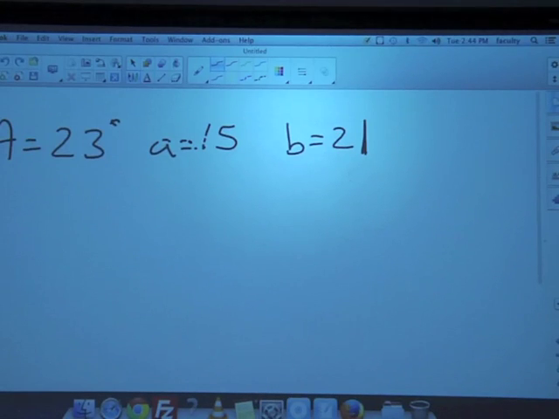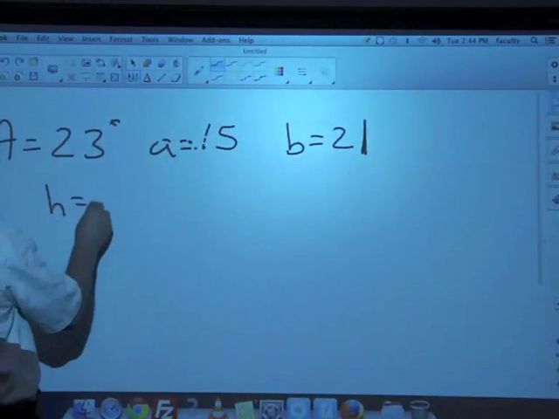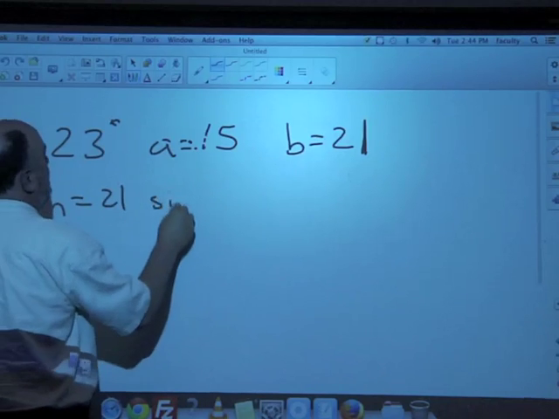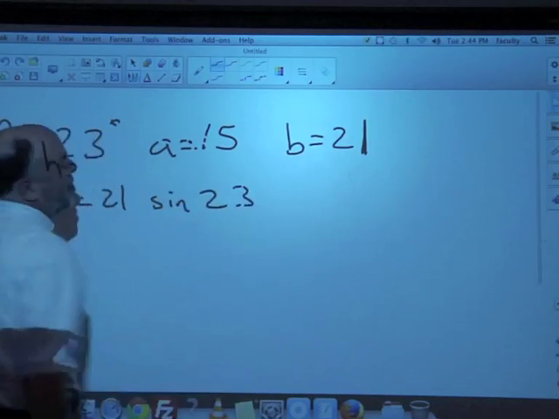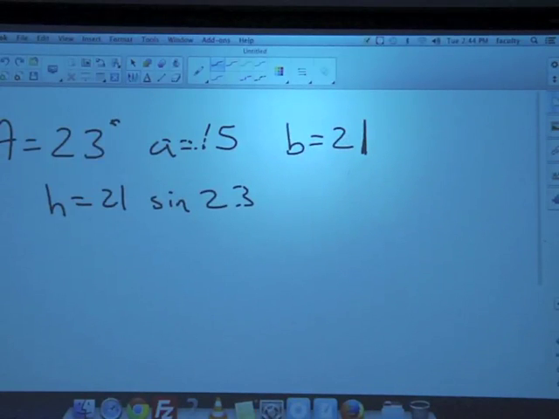So the first thing we want to know is the height. So the height, h, is going to equal 21 sine of 23. So we want to know, what does that come out to be? That number turns out to be 8.2.